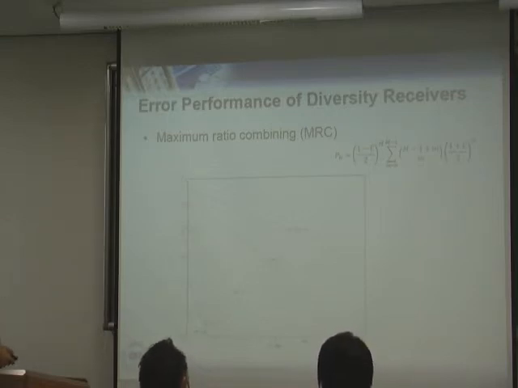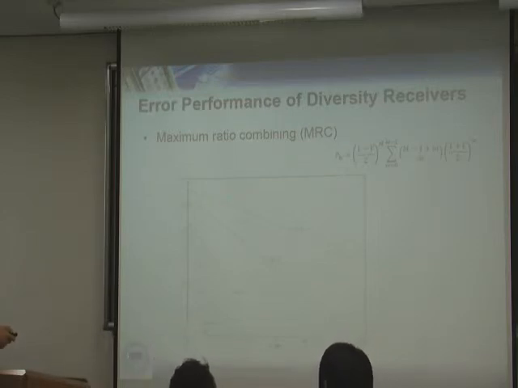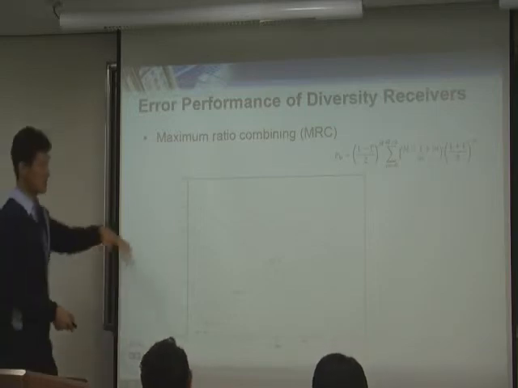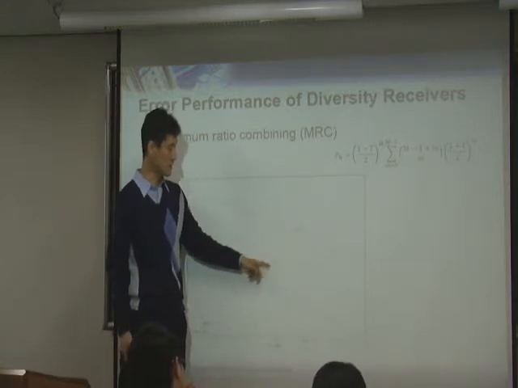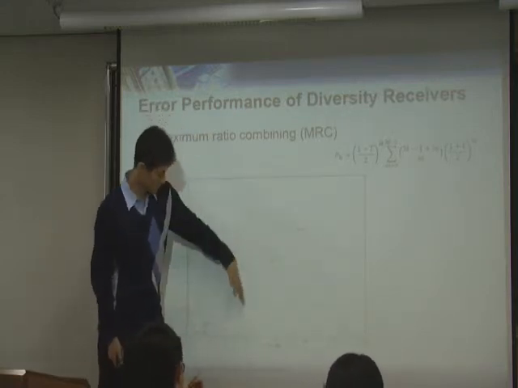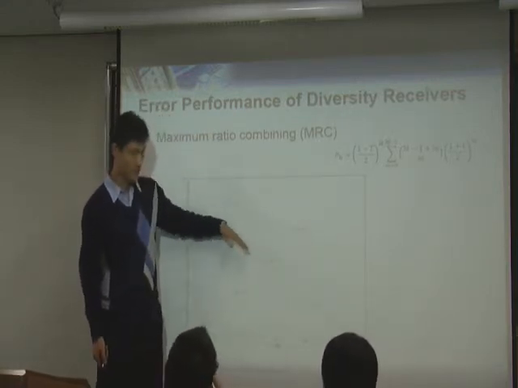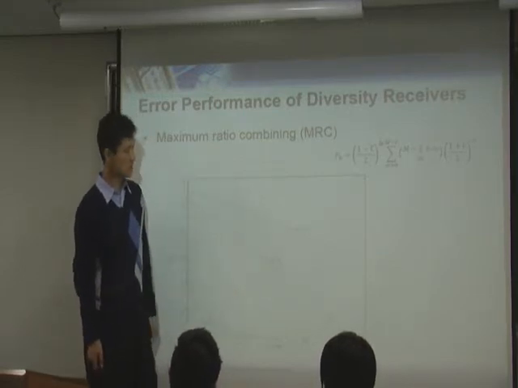What you can see from this picture is the different diversity orders. For a single antenna, this is the slope of diversity order 1. This is the slope of diversity order 2. This is the slope of diversity order 4. So if you increase the number of antennas, you see a different diversity order, a different slope.